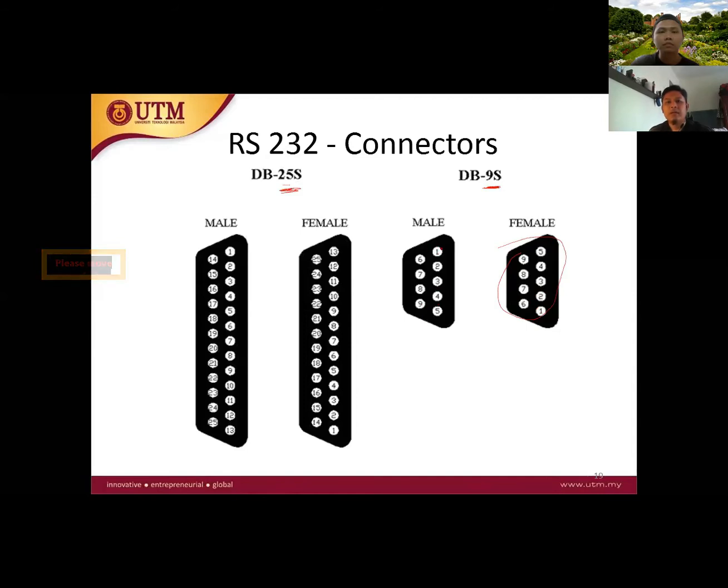So the numbering for male is from 1 from top left, clockwise 2, 3, 4, 5, and then stop at 5, and then 6, 7, 8, 9. Okay.